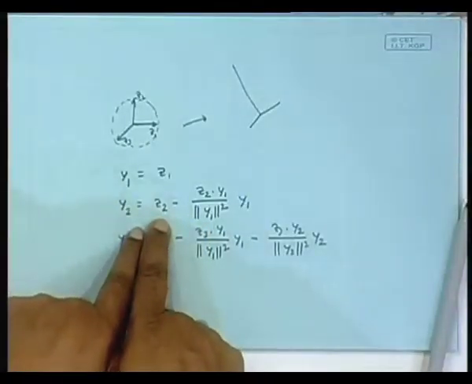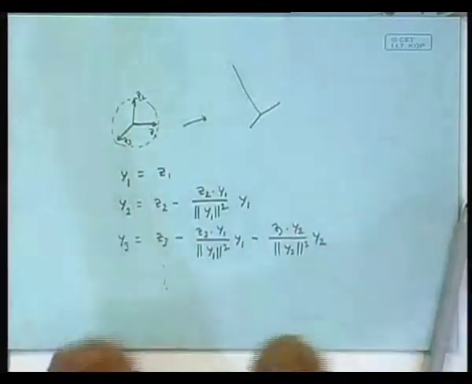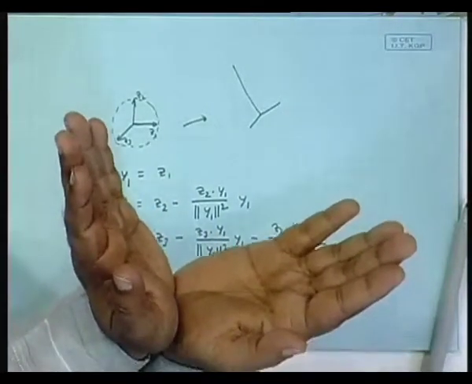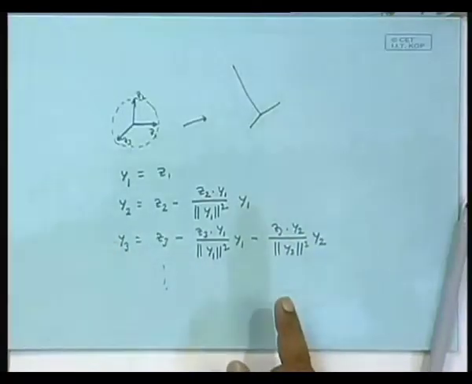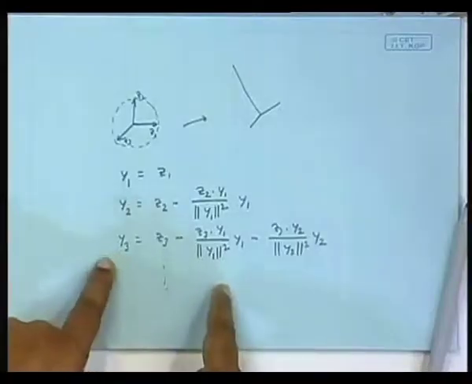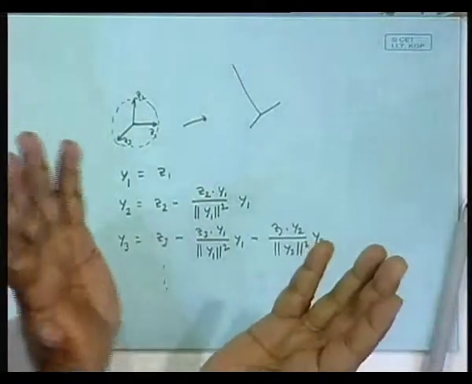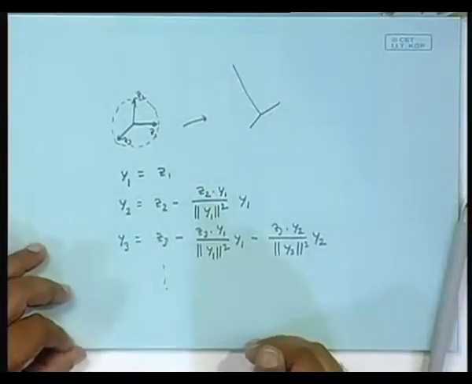From Z2, we are subtracting the amount that is actually the projection onto that, as a result of which you get again orthonormal coordinates. The third coordinate Z3 will have some projection on the plane formed by y1 and y2, and this has to be orthogonal to y1 and y2, and therefore whatever is the projection on that we subtract, so on and so forth. That is called Gram-Schmidt orthogonalization procedure.